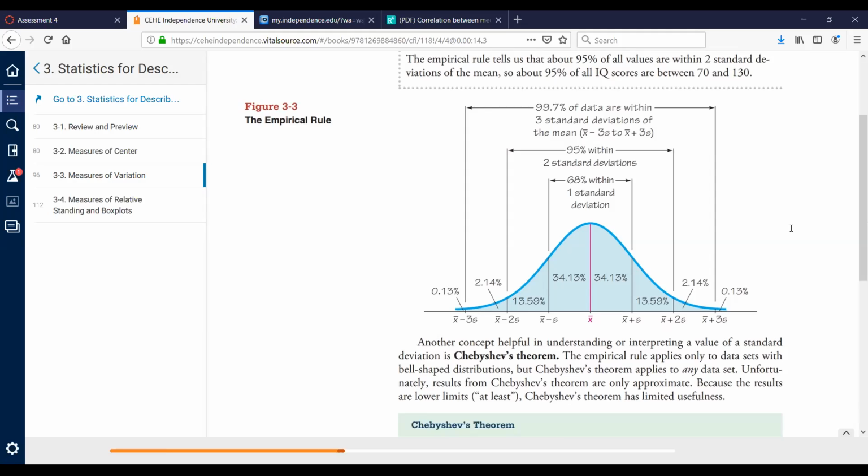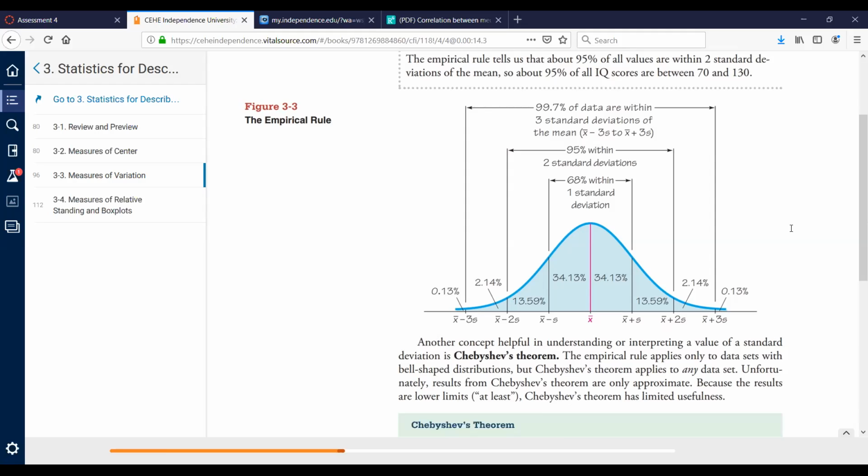Here we're looking at a normal distribution. As I've said many times, one standard deviation either side of the norm comprises 68% of the data. In other words, the standard deviation of 1 on either side will contain that in a normal distribution. 2 standard deviations comprise 95% of the data.